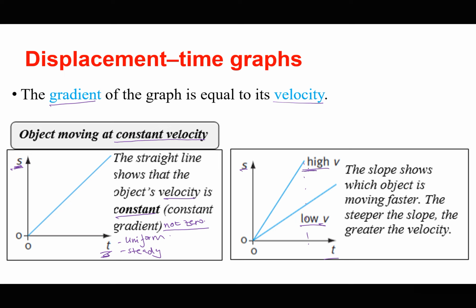Therefore, we can say that the gradient of this line, let me call this one A, is higher than the gradient of B. So the velocity of A is higher than the velocity of B because A is steeper than B. And remember, the gradient of the slope is actually the velocity. So the velocity in both cases is constant, but the velocity of line A is higher than that of line B because line A is steeper than line B. So we are saying the gradient of a displacement time graph is the velocity.